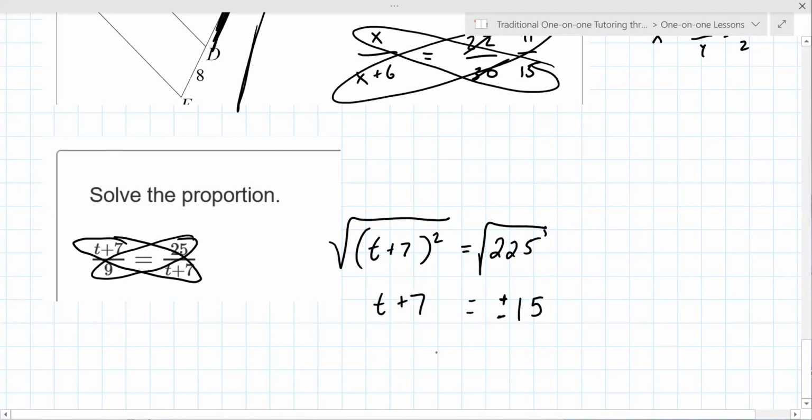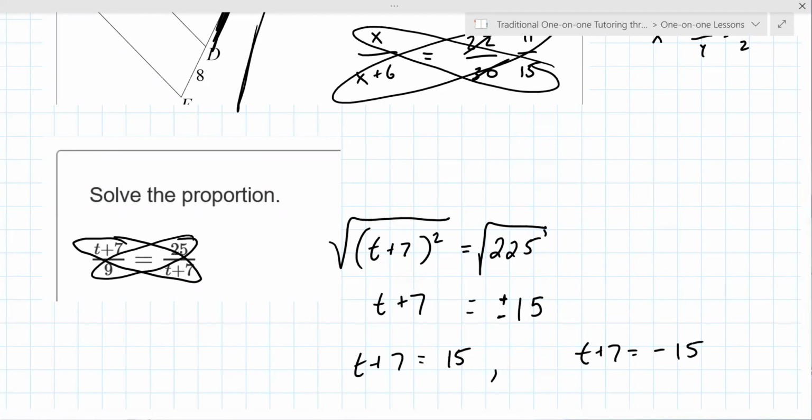So it's really two equations: t plus 7 equals positive 15 and t plus 7 equals negative 15. Very good. Can you solve it from there? Yes. Okay, I got t equals 8 and t equals negative 22. Perfect.